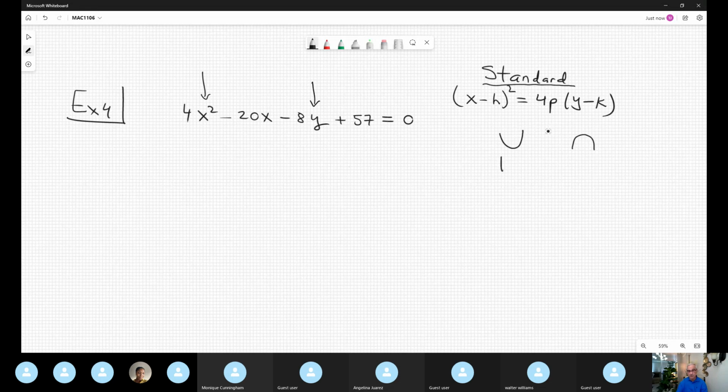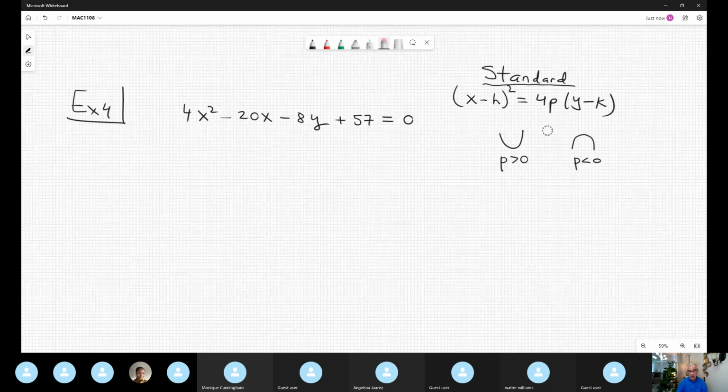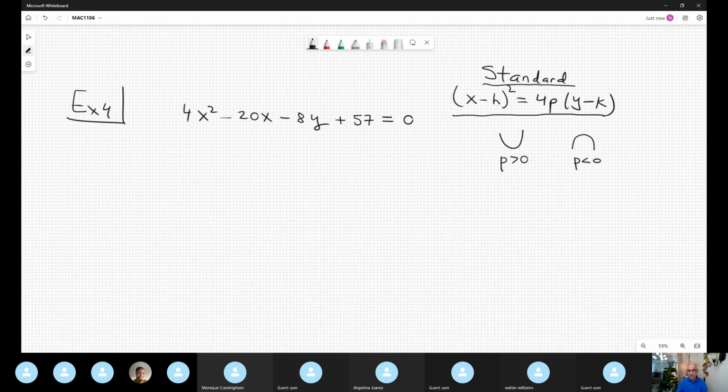If p is positive, it opens up. If p is negative, it opens down. Okay, but let me try to manipulate the algebra, the heavy algebra, to obtain a new equation equivalent 100% to the original. However, it looks similar to this format, which is standard.